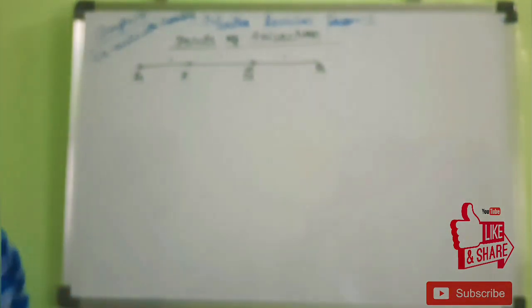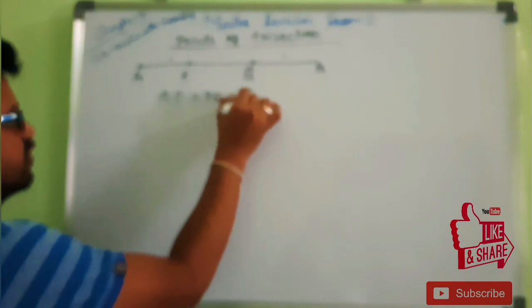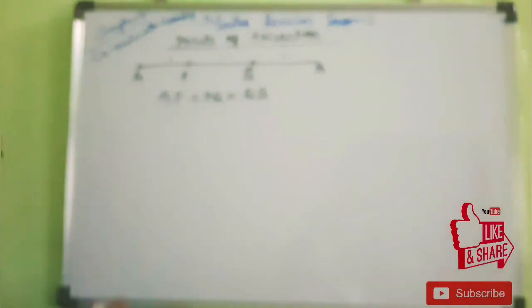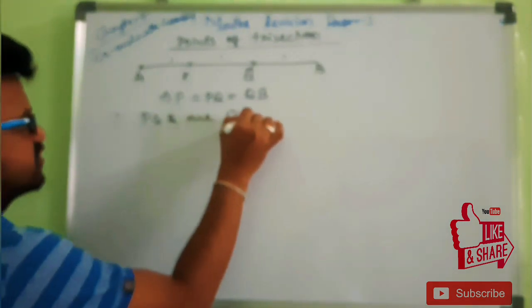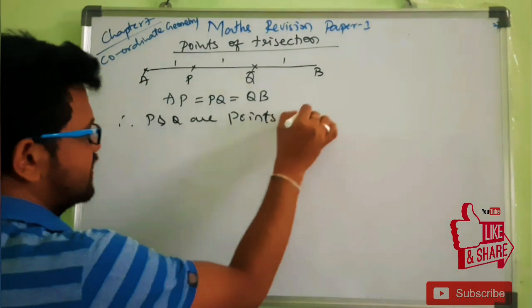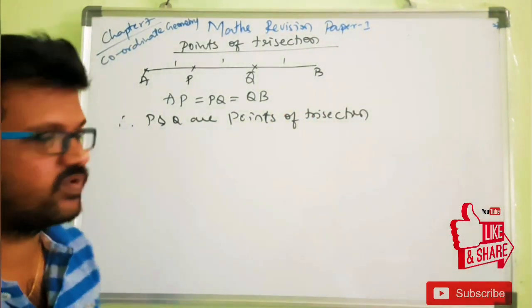AP is equal to PQ is equal to QB. So therefore P and Q are points of trisection. So how to find them then?